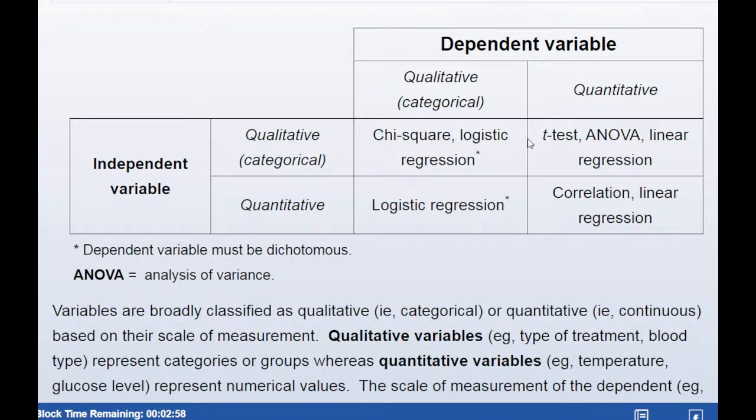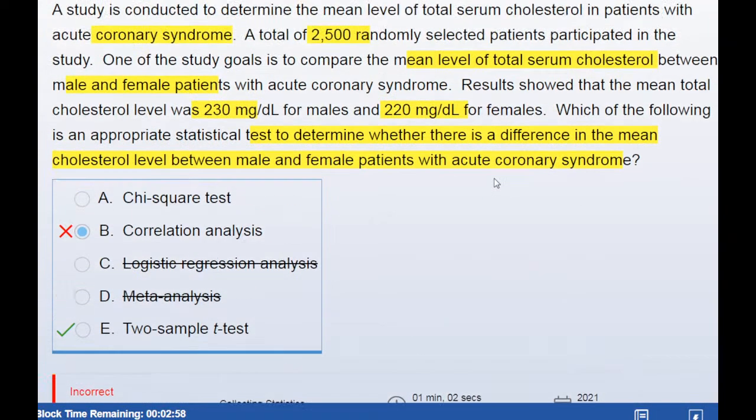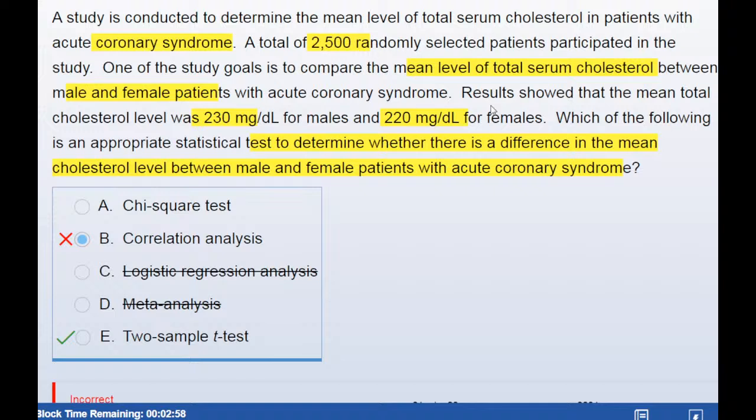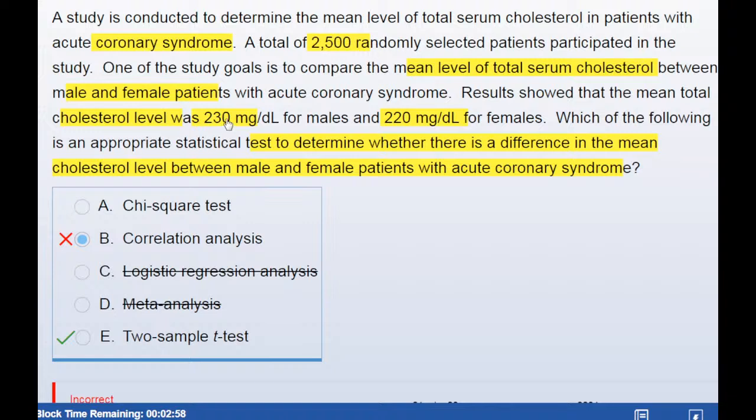T-test, this one here, is used when you try to combine quantitative with qualitative. I think that's the case that they did here. They are trying to check cholesterol, that is a number, so this is quantitative.